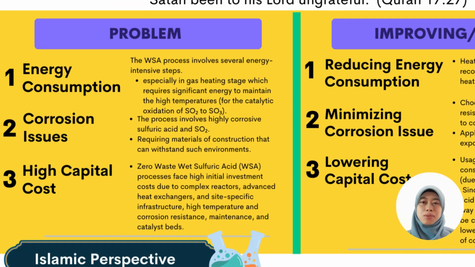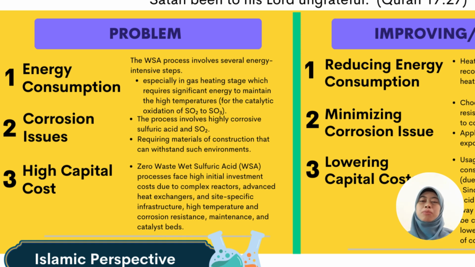While the WSA process is good for zero waste production, it also has some weaknesses and problems that need to be addressed. The first problem is energy consumption. The WSA process involves several energy-intensive steps, especially in the gas heating stage. Therefore, the catalytic oxidation of sulfur dioxide to sulfuric acid requires significant energy to maintain the high temperature for the chemical reaction to occur.